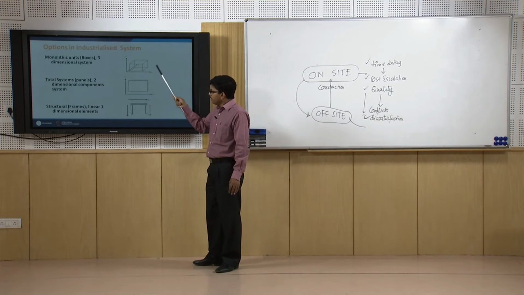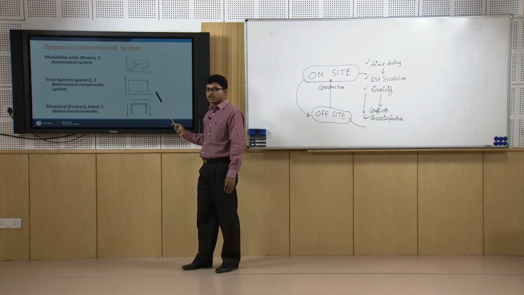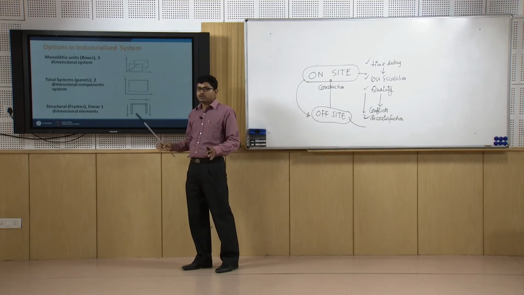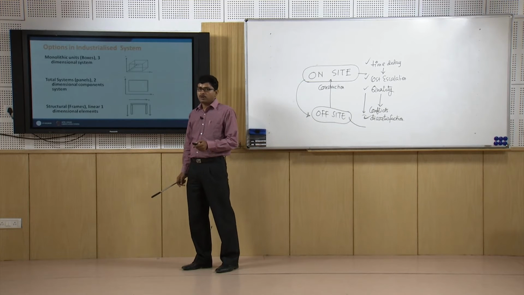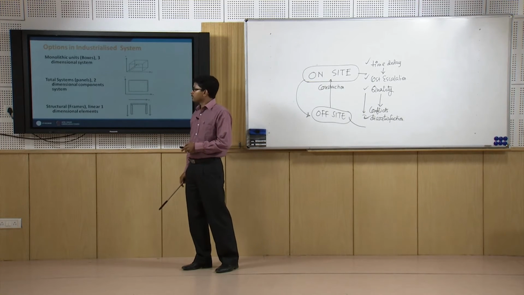So in industrialized system, we can use any of the approaches based on our situation. Now let us see which situation will be suitable or useful for the Indian case.